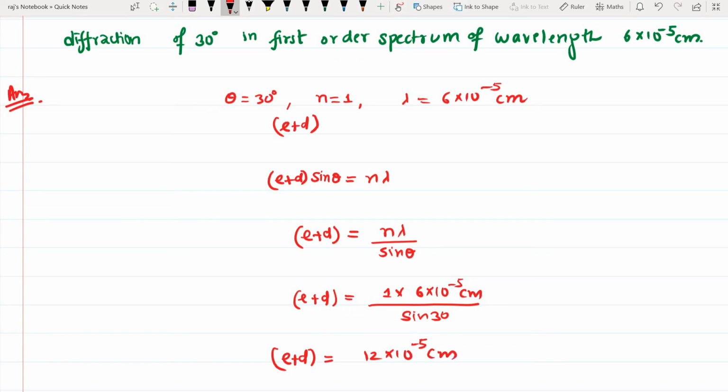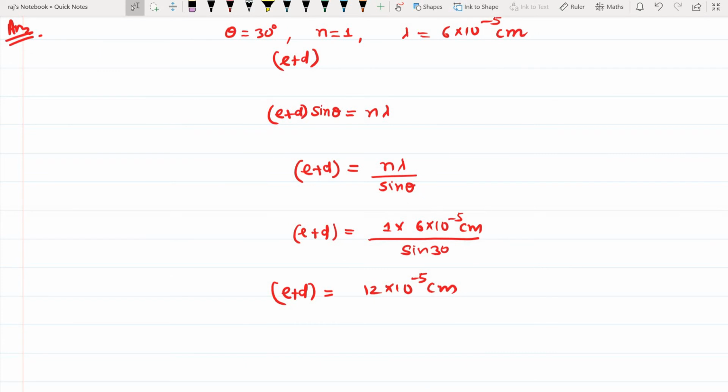centimeters. We have to always remember the relationship that whenever we want to calculate the number of lines per centimeter, we have to take the reciprocal of the grating element.